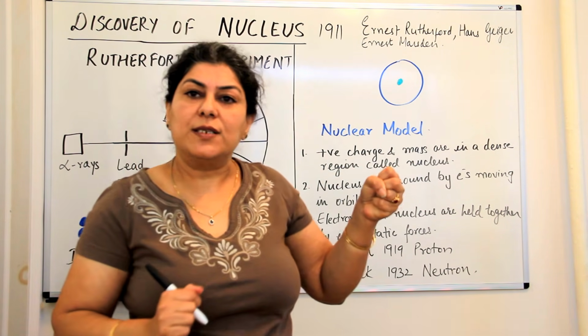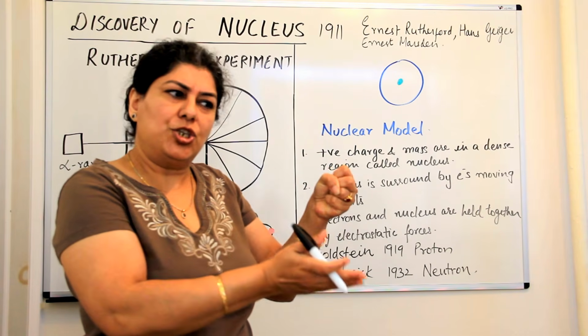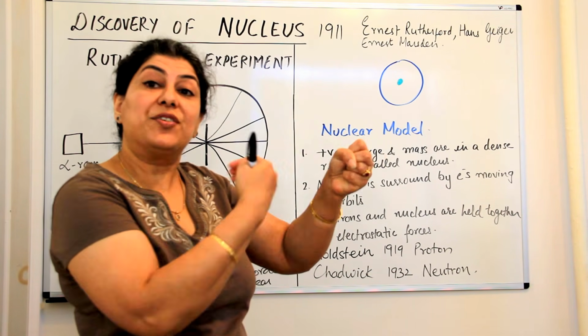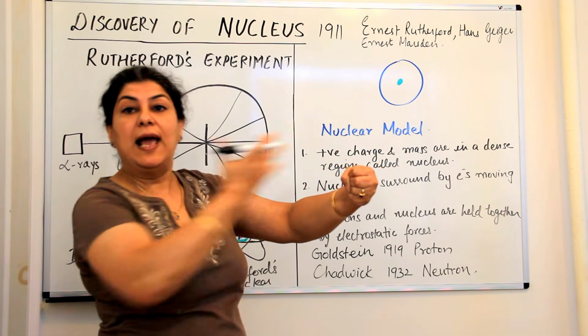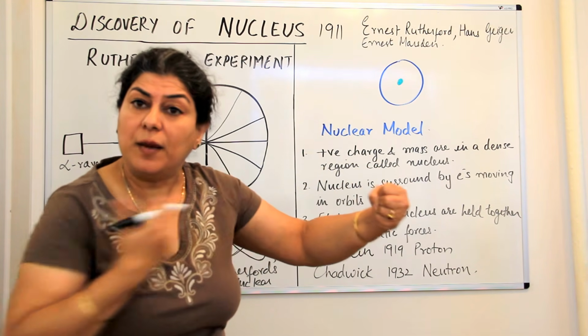The third was, all right, there was deviation. Why was there a complete rebound, as if the alpha particle had hit a wall and come back?